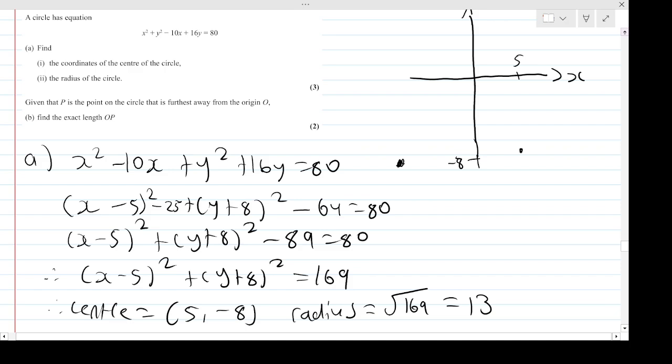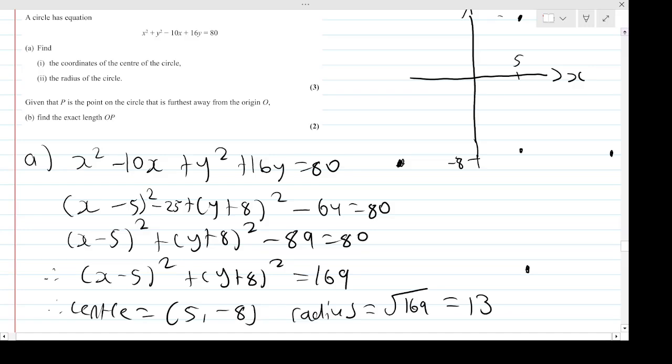Okay. Likewise, if we go from minus 8 to 0, the x-axis, and the radius is 13, we need to go from 8 and then go up by another 5. So the other edge of the circle is going to be up there somewhere. Then if we use symmetry, the other part of the circle will be down there, and the other end of the circle will be there.